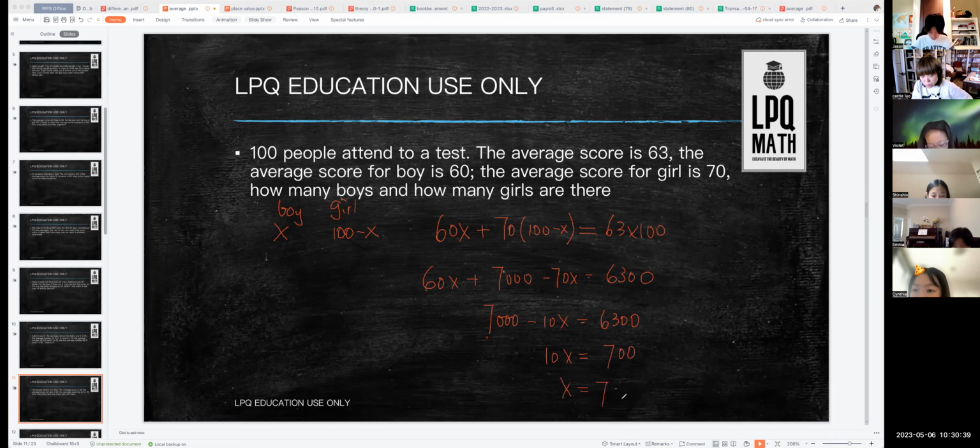So X equals 70. How many boys? 70. How many girls? 30. Get it, everybody? Okay, so please copy these down. Memorize them first, and then we're going to do more later.